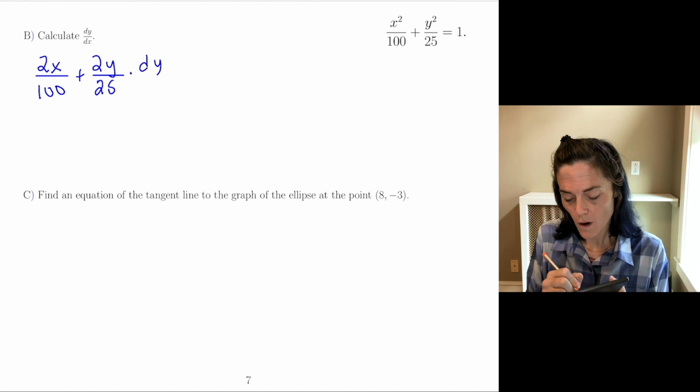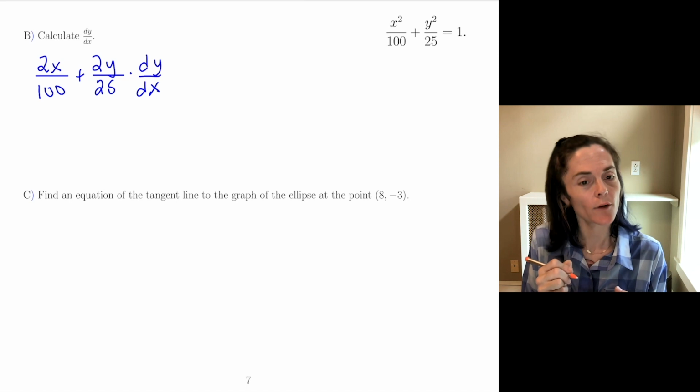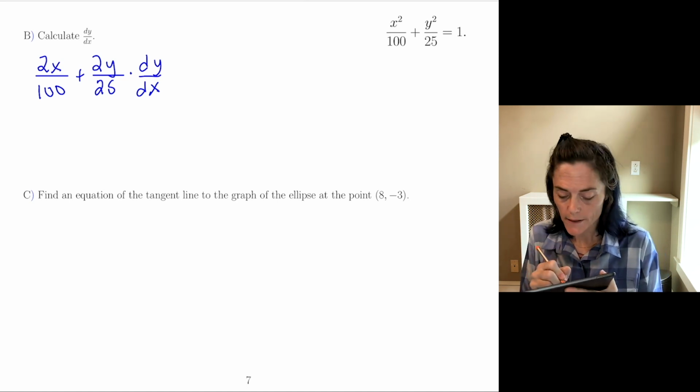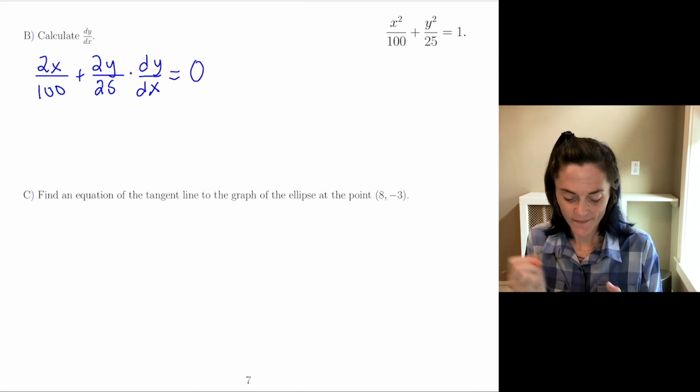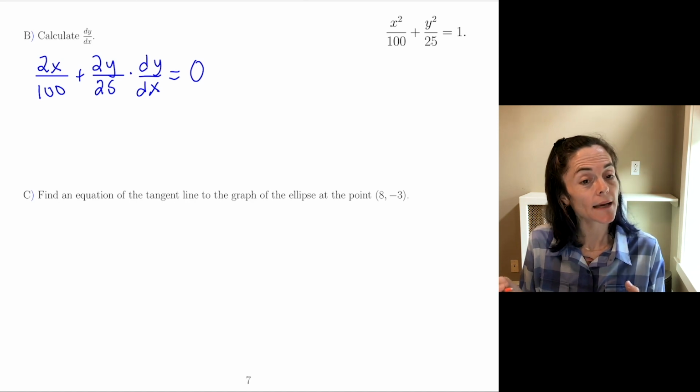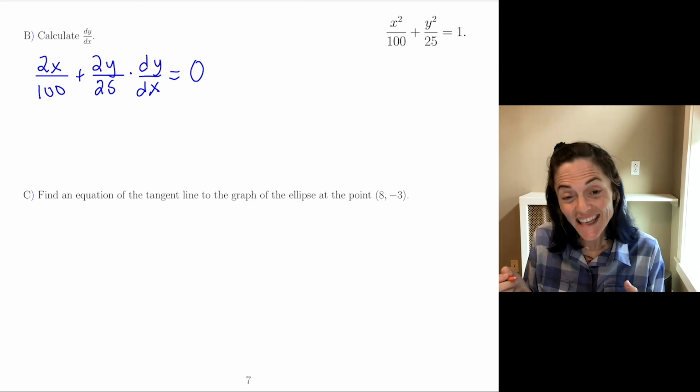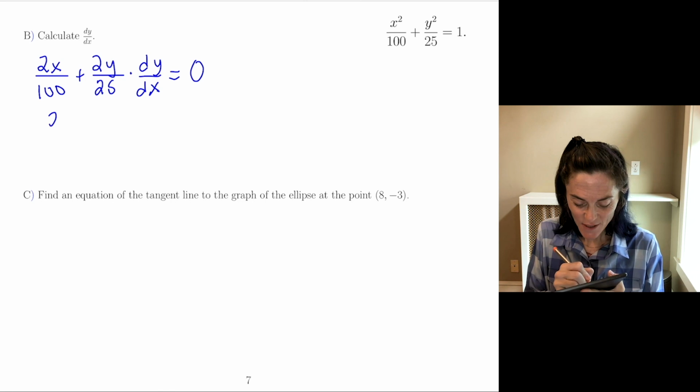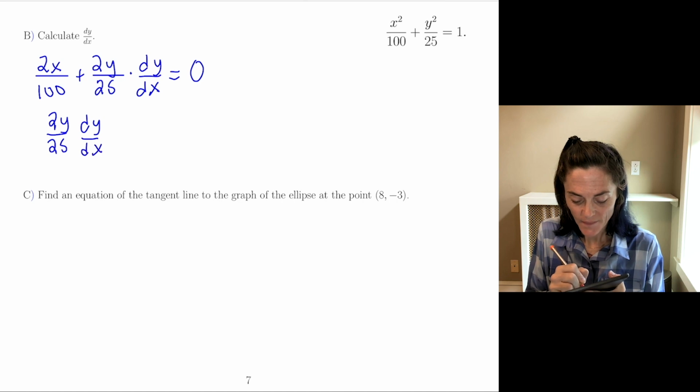Don't forget, we are considering y in terms of x here, chain rule. And this equals 0. So I can just subtract x over 50 from both sides. I have 2y over 25 dy/dx equals minus x over 50.